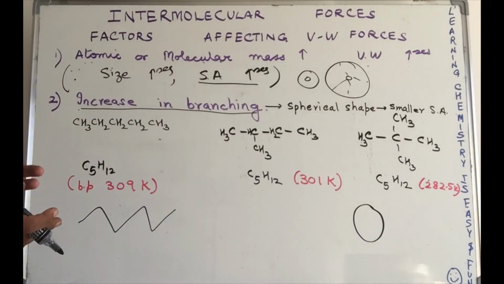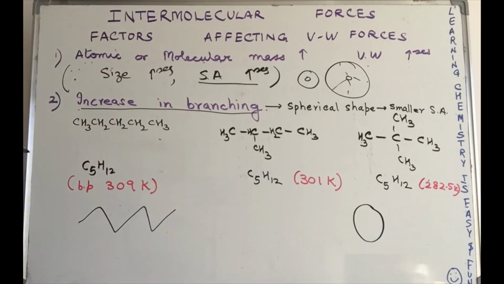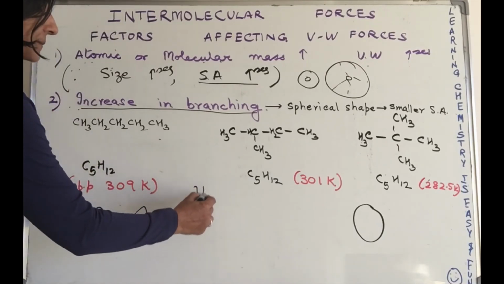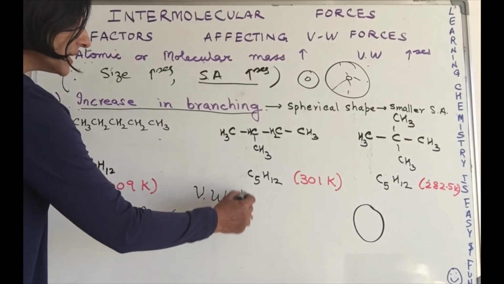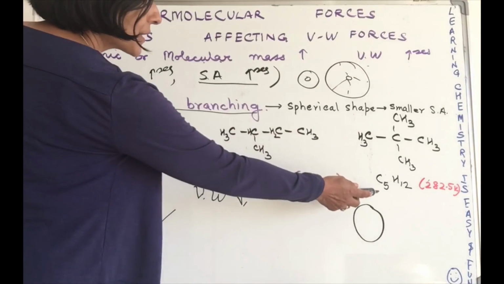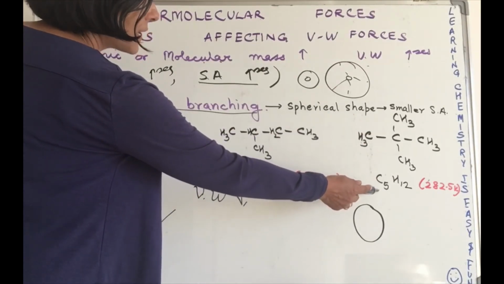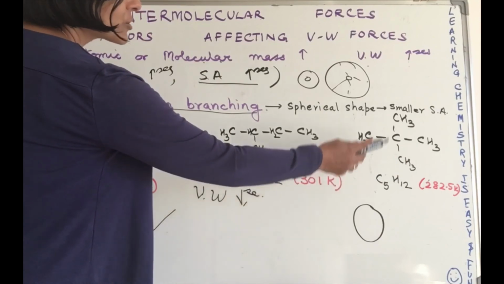When the surface area becomes smaller, the strength of these Van der Waals forces is spread over a lesser area. The strength also reduces. So with increase in branching, the strength of the Van der Waals forces will decrease. That is why it is easier to break the bonds between 2 molecules of this compound, C5H12.